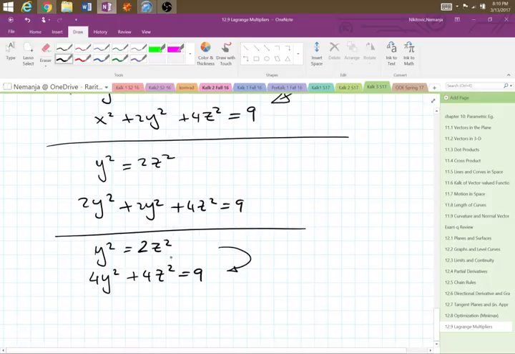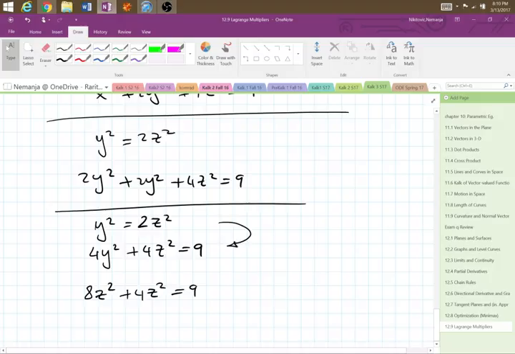I get 8, right? 2 times 2 is 4, 8, yep. So 8z squared plus 4z squared is equal to 9.